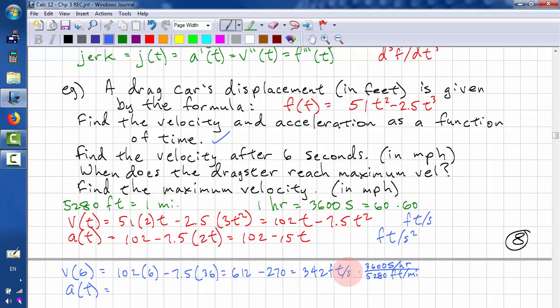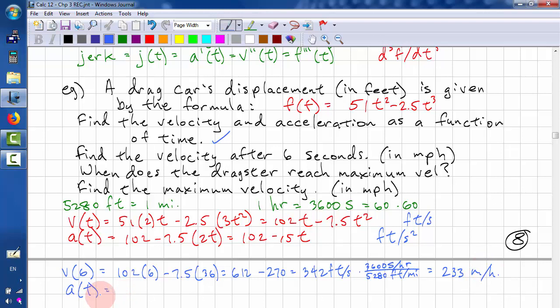So the seconds will cancel out, the feet will cancel out, the miles is in the denominator of the denominator, so we can flip that into the numerator. That gives us 233 miles per hour. Okay, when we have mph, it wouldn't be meters per hour, so you have to understand from the context it's miles per hour.